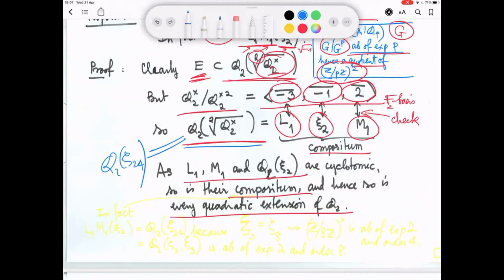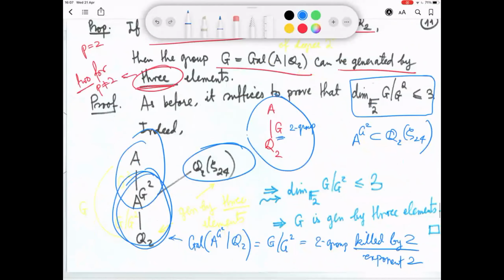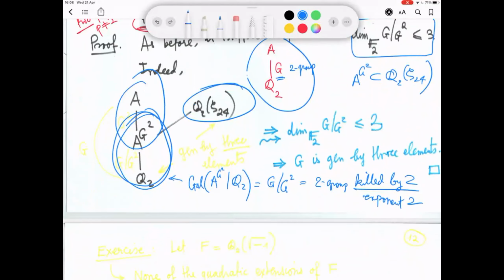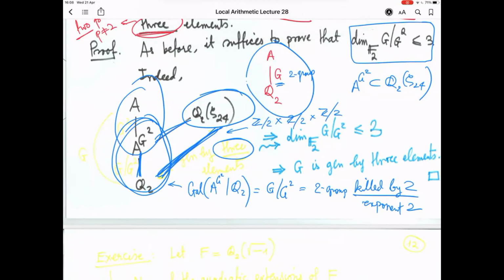The maximal abelian extension of Q2 of exponent 2 is obtained by adjoining a primitive 24th root of unity. So if it's contained in this, then the Galois group here has to be a quotient of the Galois group here. But the Galois group here is generated by 3 elements, because it is just Z mod 2Z cross Z mod 2Z cross Z mod 2Z. So this whole thing is generated by 3 elements. There it is.